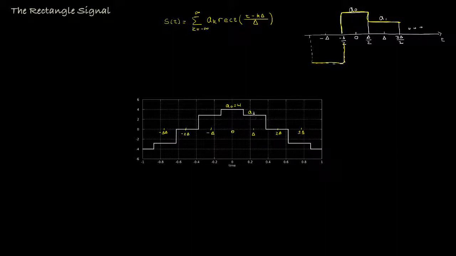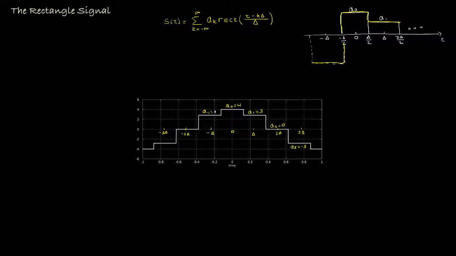a1 appears to be equal to roughly 3. a2 is equal to 0. a3 is roughly negative 3, and so forth. Likewise, this happens to be symmetric.